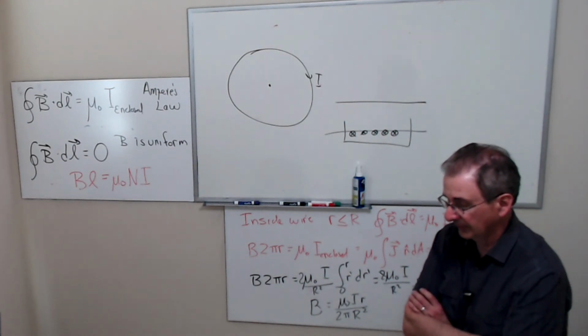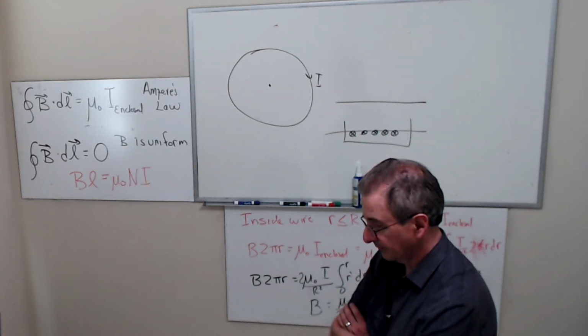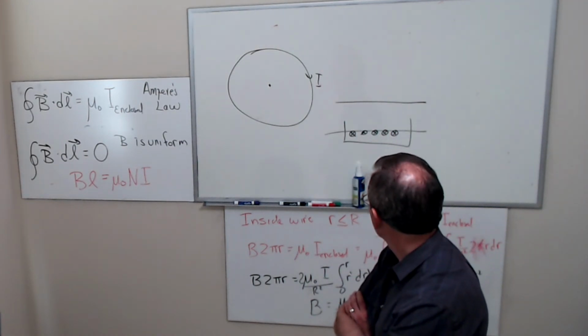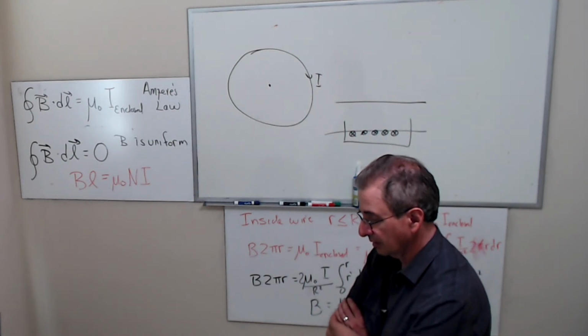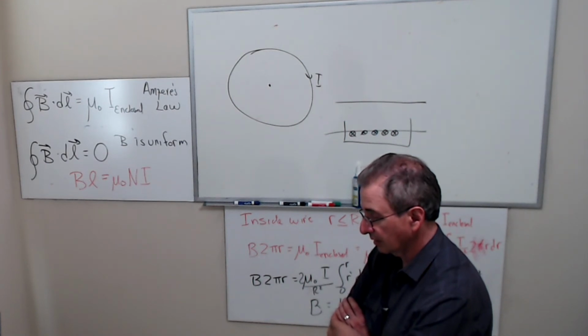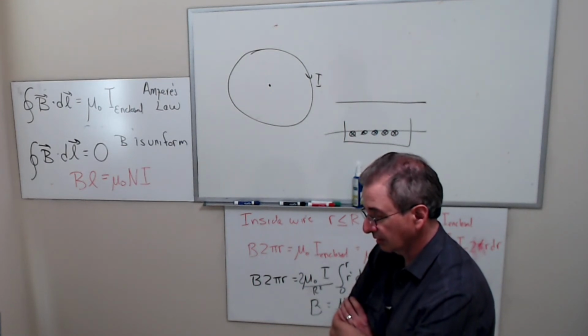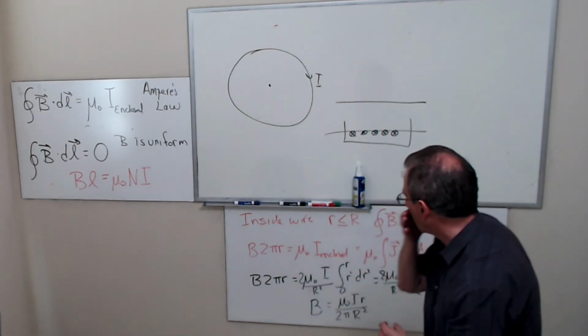Professor? Yeah. On that same solenoid that you have on the board, for that final rectangle, I thought that the current which was going into the board is also coming out of it from the bottom. So maybe I enclosed is 0 for that.